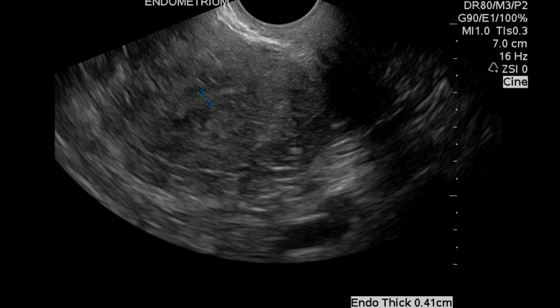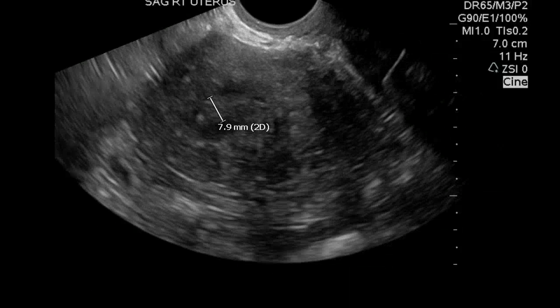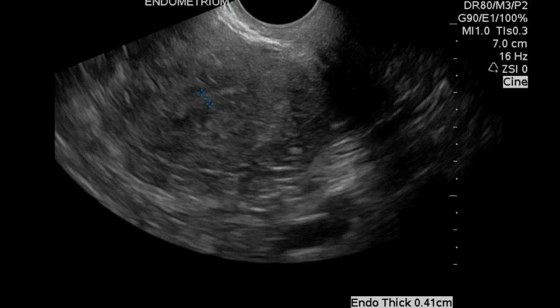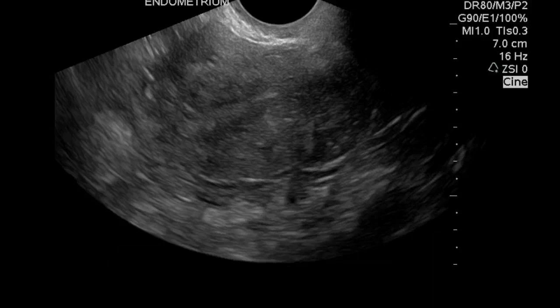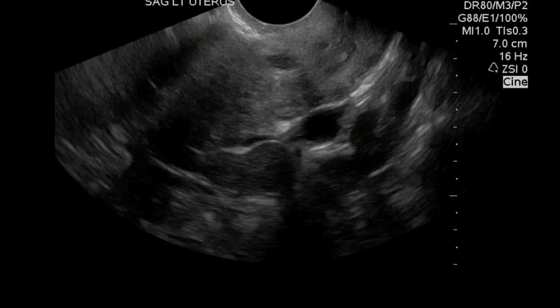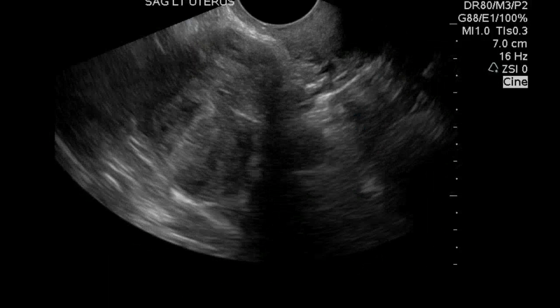So we may be disagreeing here. We'll have to look at that on further images, but always something to be really careful of. Make sure the endometrium is measured at the maximal thickness, and that you see the entire endometrium.